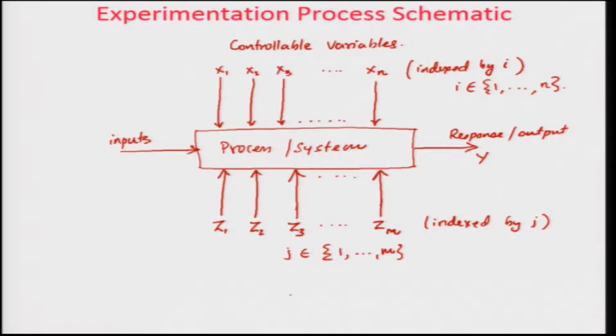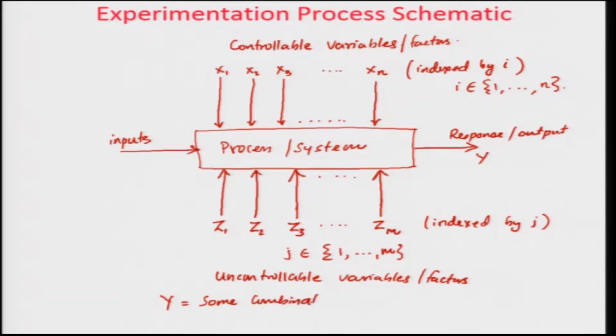These variables are your uncontrollable variables. Both of them can also be called factors. So, your system at the end of the day is y, some combination of the xi's. That is your empirical model.